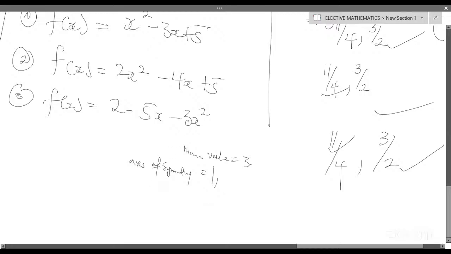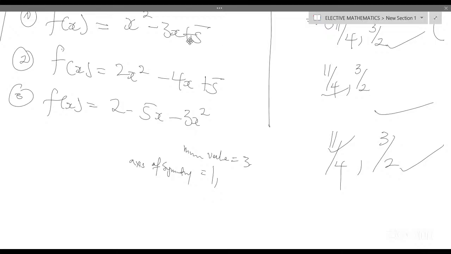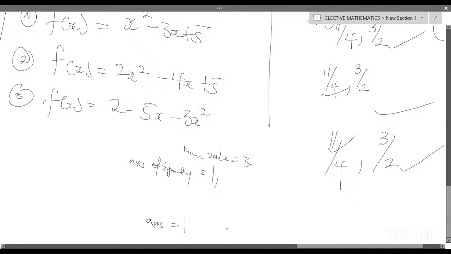Did you get something different? Yes, please. Okay, so what did you get? Vanessa, what did you get? Please, I had the axis of symmetry to be 1 and the minimum value to be 3.